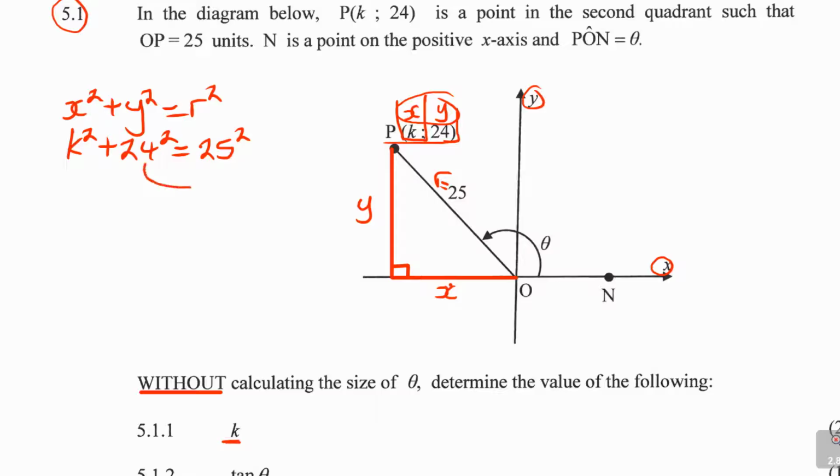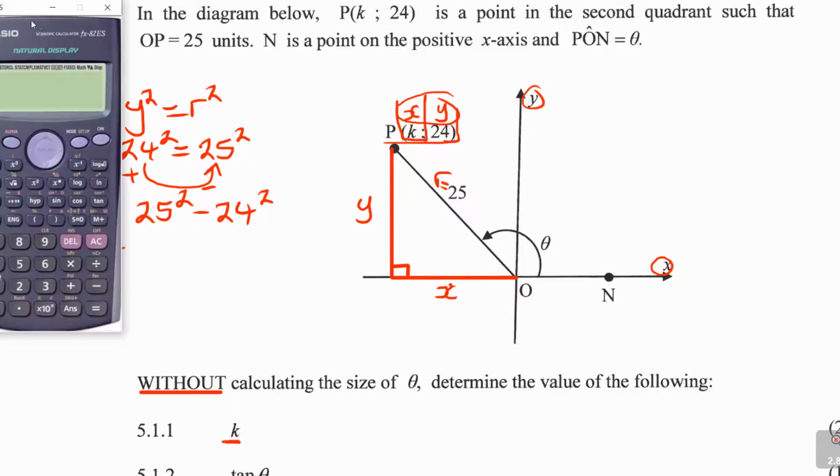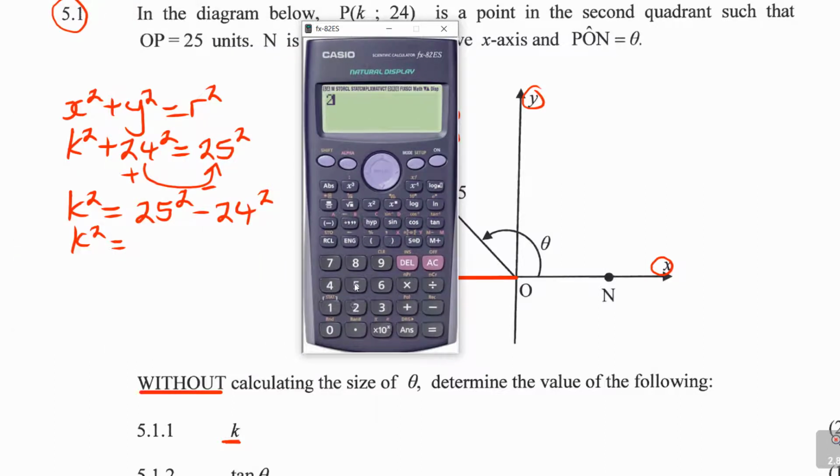Then take 24 squared to the other side. It's positive, it will become negative. So you've got k squared is equal to 25 squared minus 24 squared. And then you can use the calculator for you to find that, which is 25 squared minus 24 squared. I get 49.